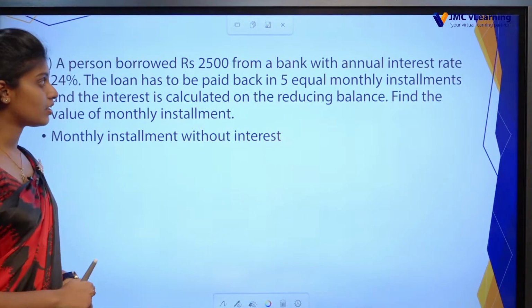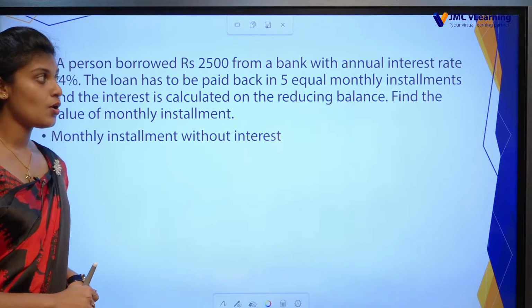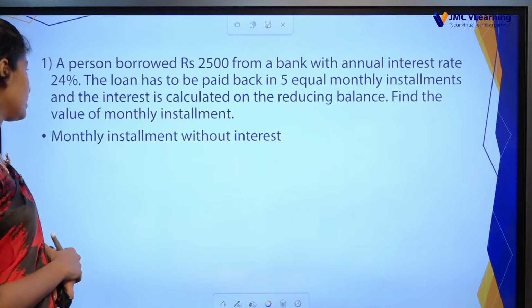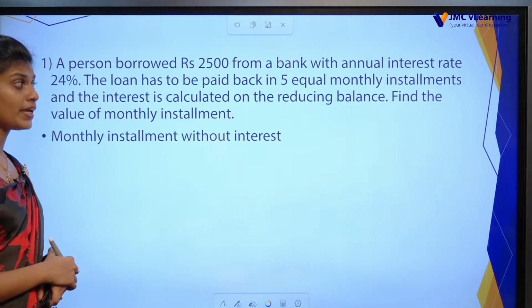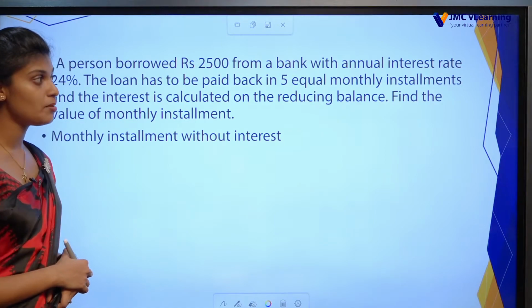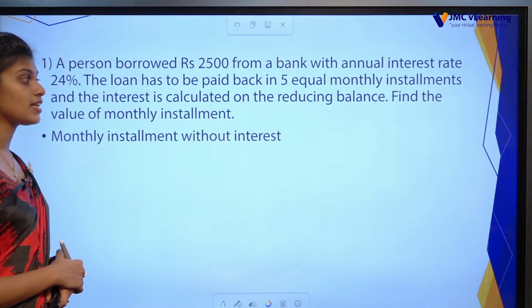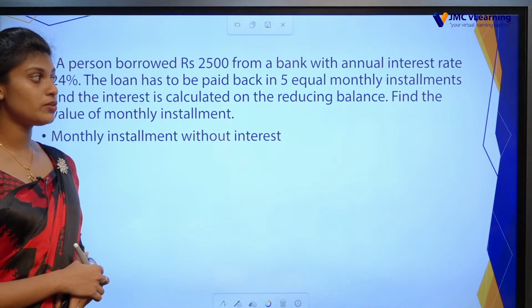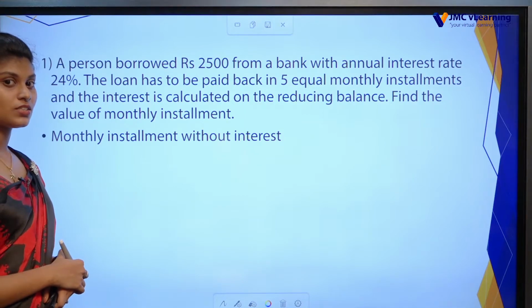A person borrowed 2,500 rupees from a bank with annual interest rate 24%. The loan has to be paid back in 5 equal monthly installments and the interest is calculated on the reducing balance. Find the value of monthly installment.